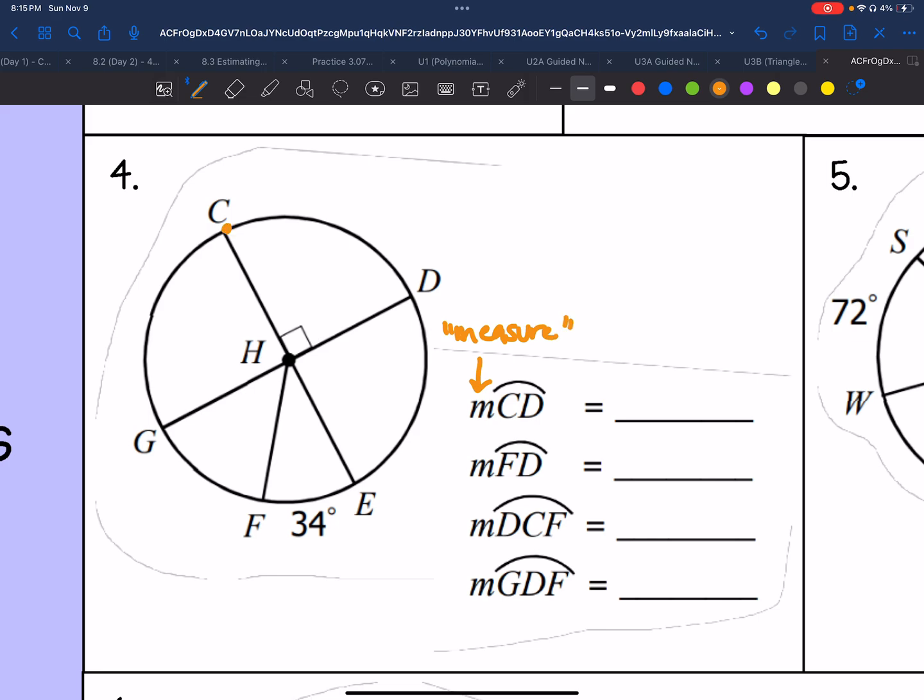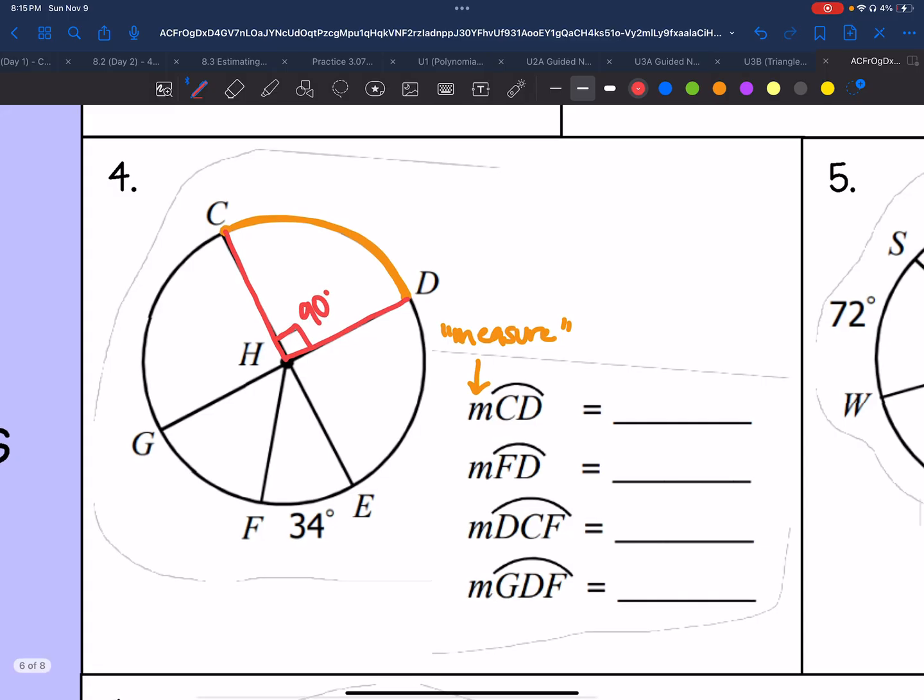Well, if I identify arc CD, which is this arc right here, it opens up to this angle here. Remember, this little box is representing a right angle, which is 90 degrees. Also, this is a central angle because its vertex is the center of the circle, which means that arc is going to be the same exact measure. So that orange arc, or CD, is also 90 degrees.